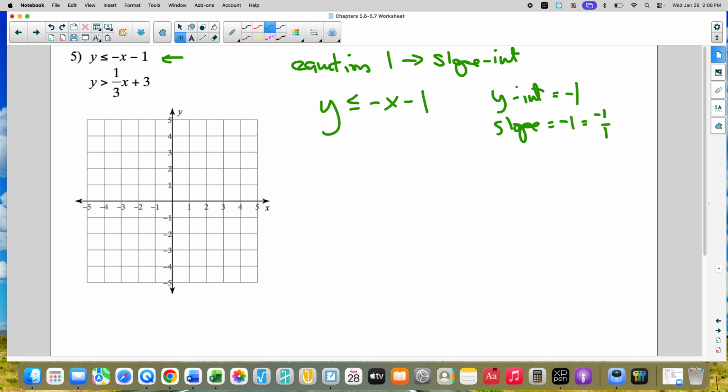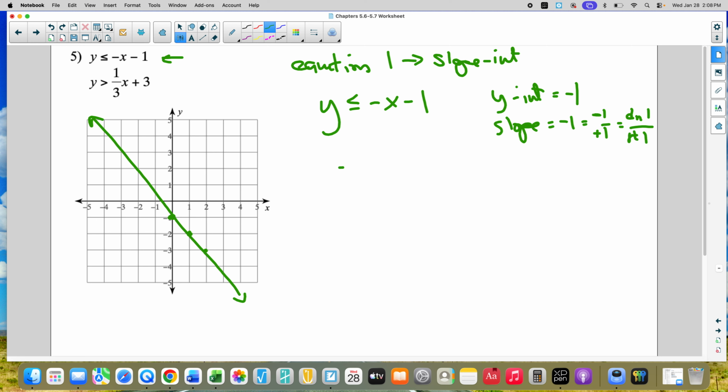It is equal to, so I can do a closed dot at -1, and then I'm going to go down 1, right 1. -1 is down, +1 is right. So I go down 1, right 1, and I can go down 1, right 1 again, and I have my equation.